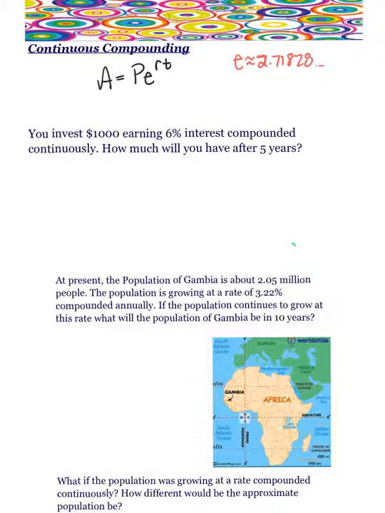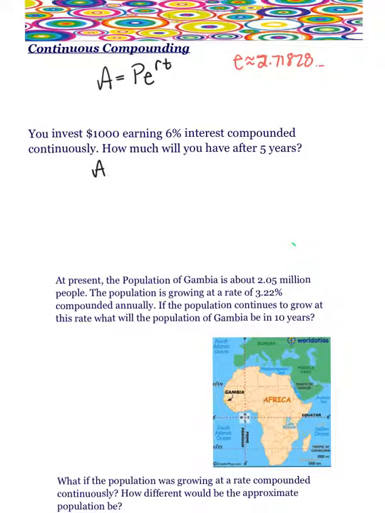So based on our first example where we compounded interest annually, my second one where I compounded quarterly, and now I'm going to compound continuously, what do you think about how much money I'm going to have if I invest $1,000 at that 6% interest rate and I'm still going to invest it for 5 years? Do you think I'm going to have more or less money? Well, let's find out.